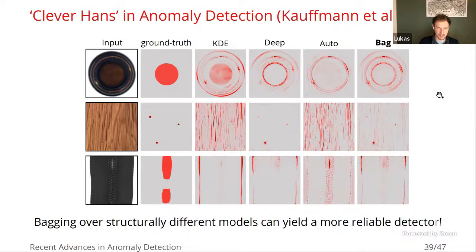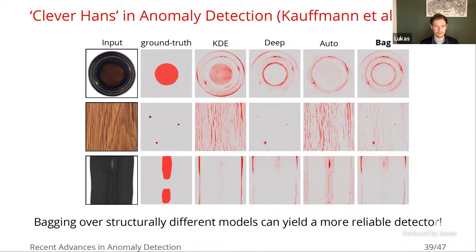And what is interesting here is that this type of behavior, because these are unsupervised models, is purely based on inductive biases of the models that we have. So in contrast to, say, the clever Hans effect in supervised models, where a deep model picks up on some spurious correlation in order to optimally separate the labels, here this is purely based on the structural assumptions or inductive biases that we have on the models.